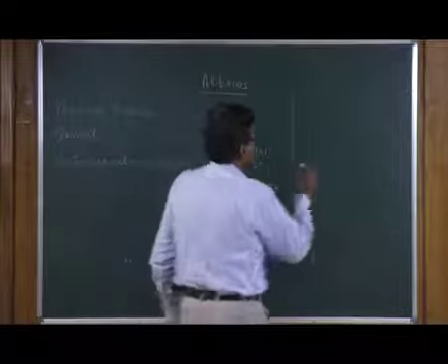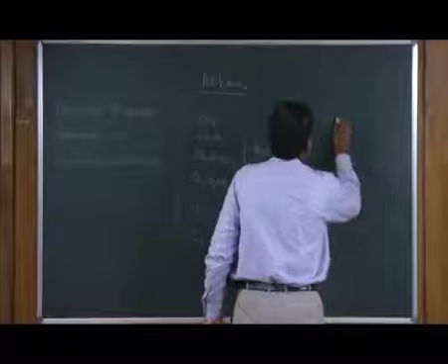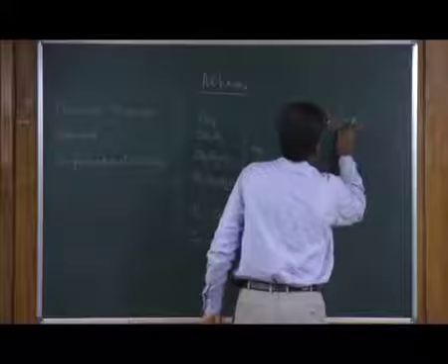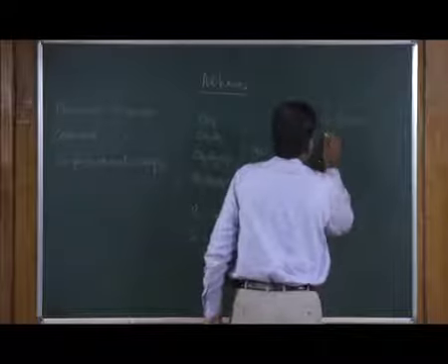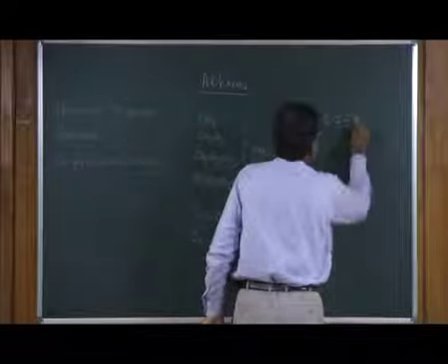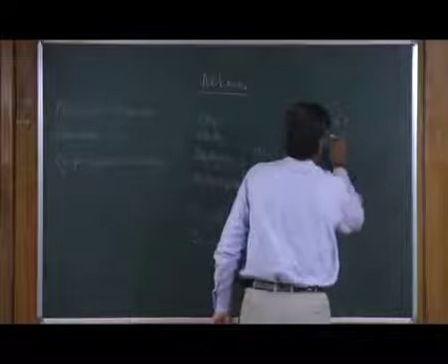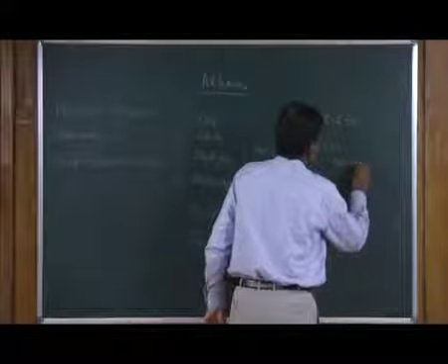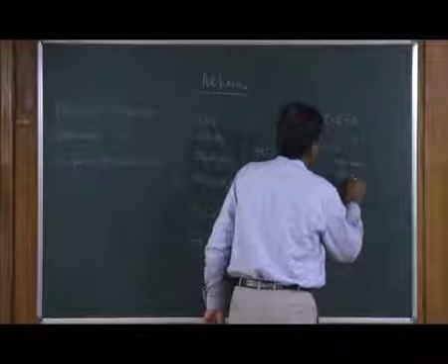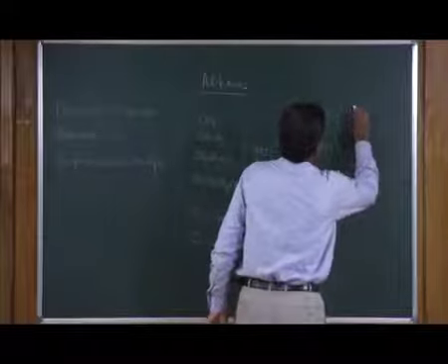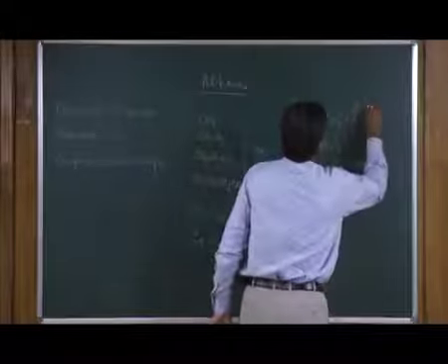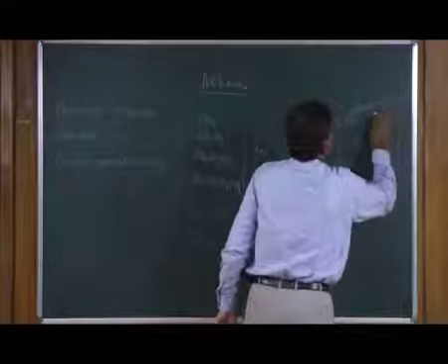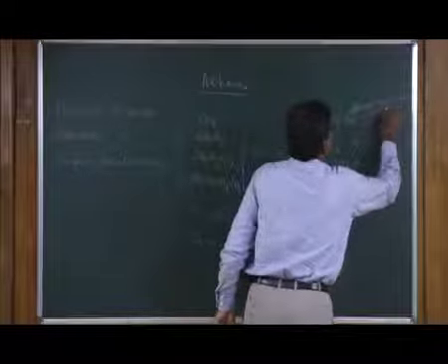If you look at, for example, ethane or any alkane, the electronegativity of carbon is 2.6 and hydrogen is 2.1. So the C-C bond is nonpolar and strong, and the C-H bond is also almost nonpolar and strong.